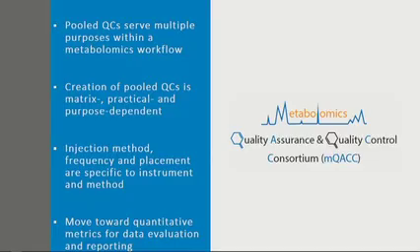As a summary, the pool QCs serve multiple purposes within a metabolomics workflow. The creation of pool QC is matrix, practical, and purpose-dependent. The injection method, frequency, and placement are specific to instrument and method. And finally, move forward to quantitative metrics for data evaluation and reporting.